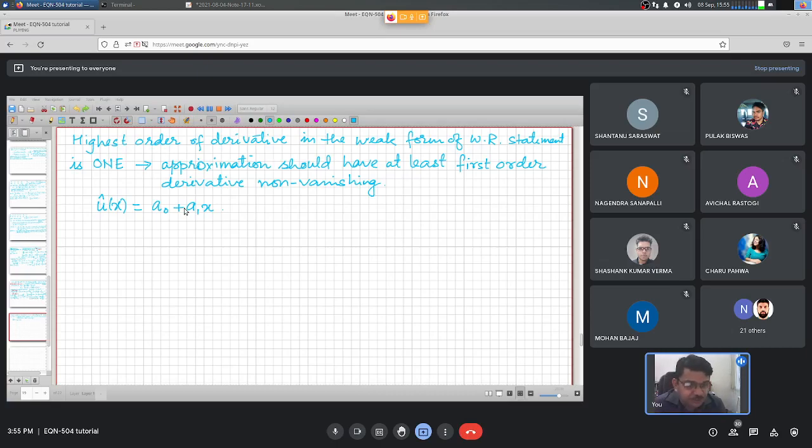That is not a problem, as we will see. Our purpose is served very easily by these lower order approximations. So this approximation should have a first order non-vanishing derivative.